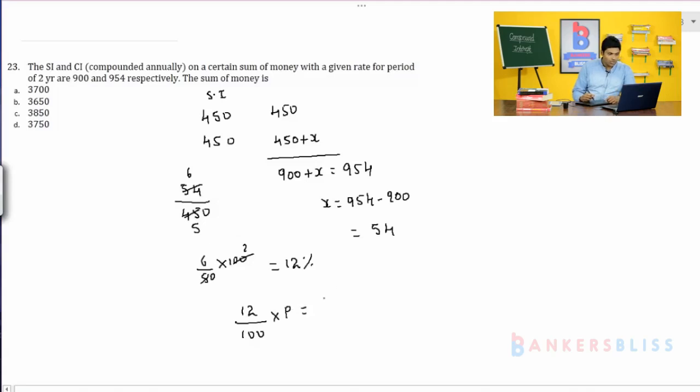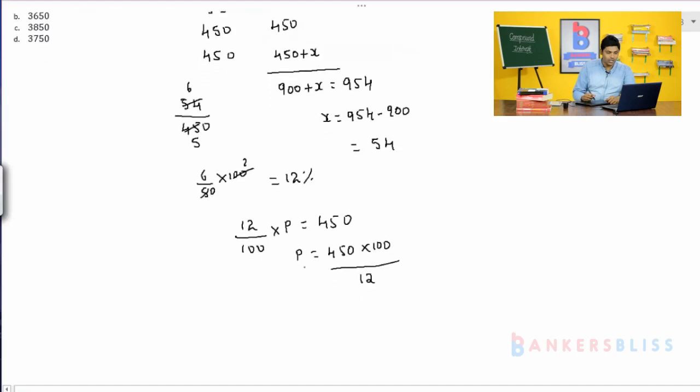Okay, so 450. So the principal amount is equal to 450 into 100 divided by 12. So how much will it be? See here, 4 3s are 12, 4 25s are 100, next 3 15s are 45.